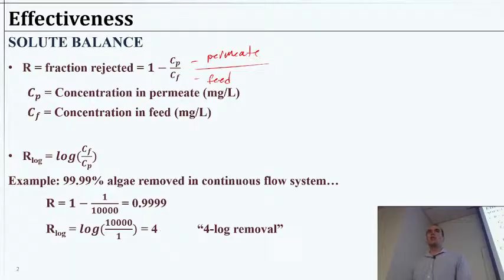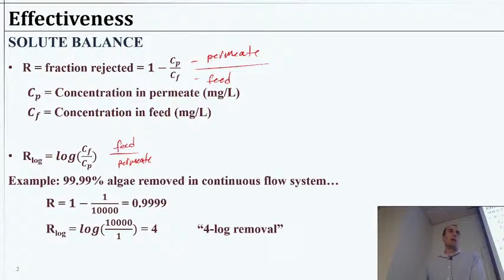We could just call that R log is 4. So it's rejecting 4 logs of the cells or the viruses or whatever it is, the algae in this case. Because R log is defined as log of the concentration in the feed over the concentration in the permeate. Essentially what we're saying is how much more concentration is in the feed compared to the permeate.